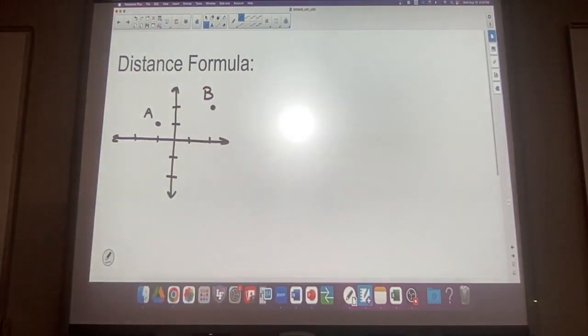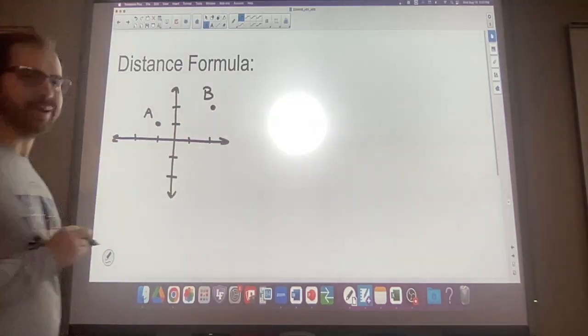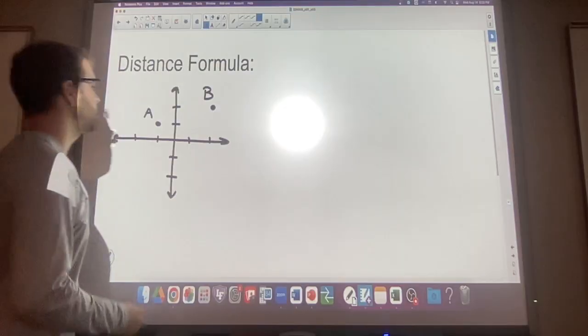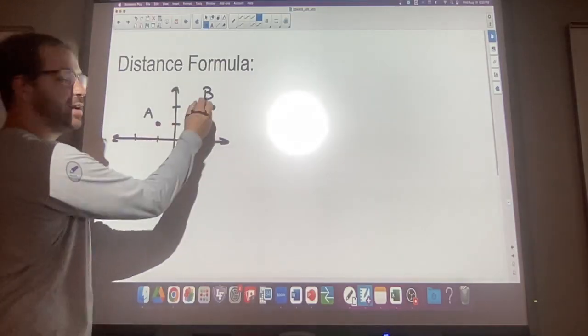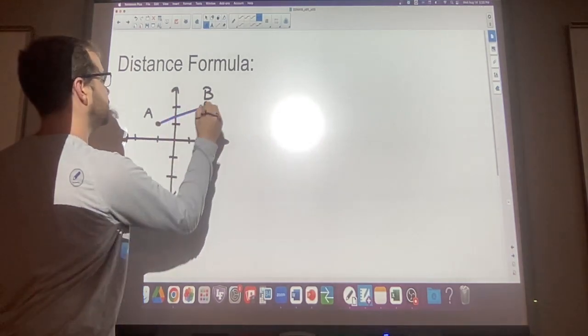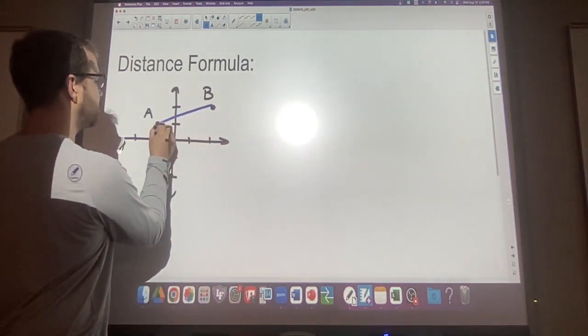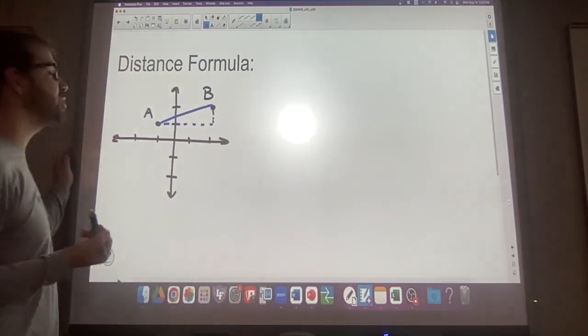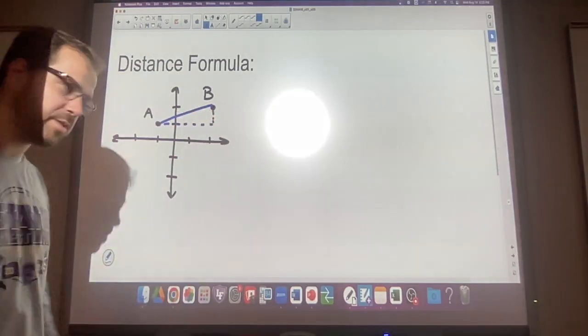And we want to find the distance between them. We can't just count it because we have a diagonal, right? So what we're going to do is, in order to find this distance here, we're going to count this here and this here, which makes a right triangle, and we're going to use Pythagorean theorem.